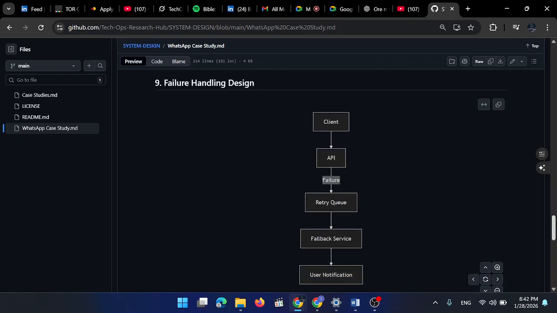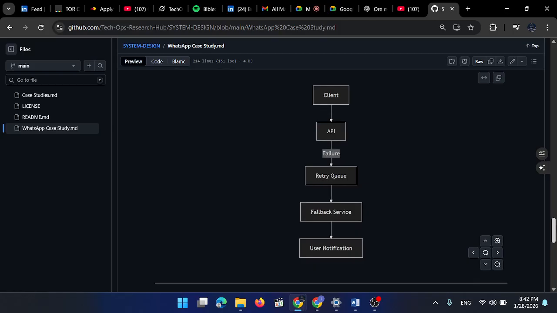There's also what we call failure handling design. What I mean by this is, yesterday we realized that one of the key reasons why system design is important is to ensure that when there's a breakdown, or when a system is down in a way, it's easier for it to still kick back to life and continue regardless of the failures it has.